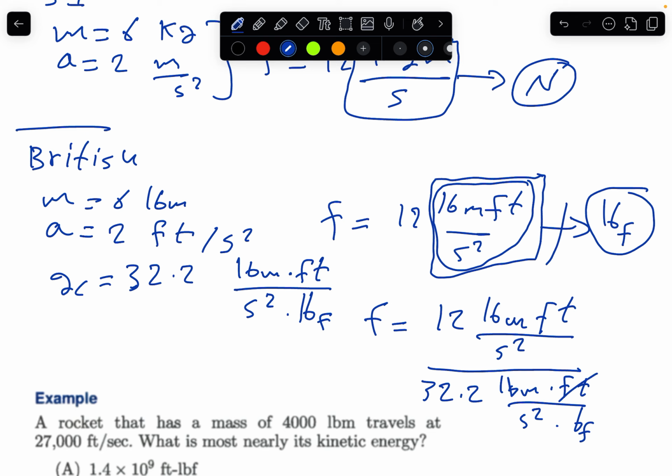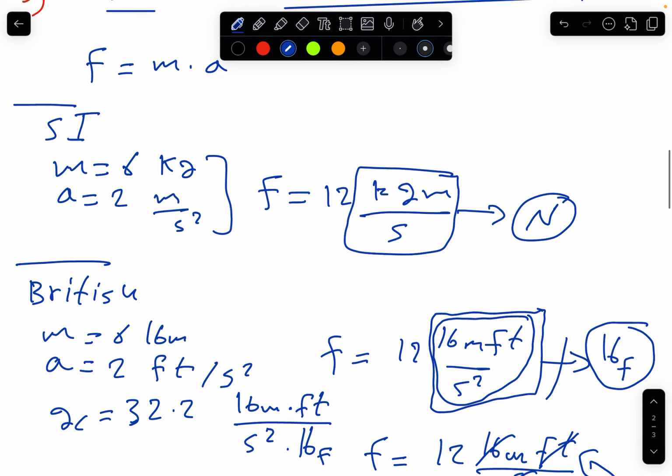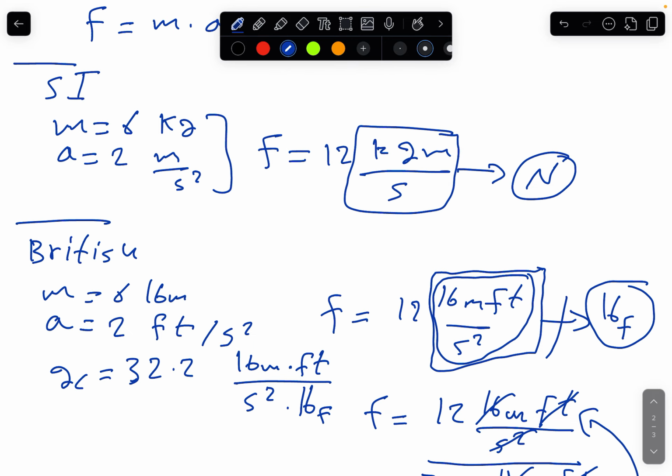We will see that this goes with that, that goes with that, and the pound force remains. So yes, the British system is a bit complicated.